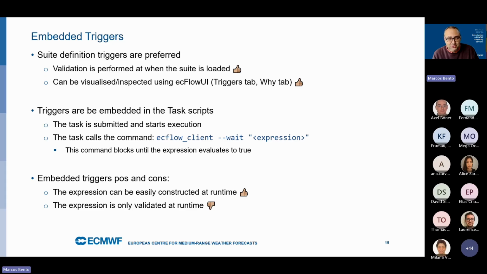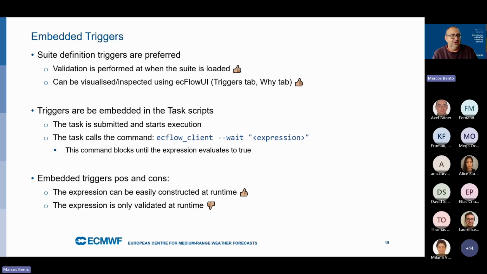While it's not true, the task will never continue to run from that point. It will be hanging or holding on that expression. Basically, this implies that the client has to contact the server to see: is it true already? Is it true already? So there's communication between client and server in that scope.